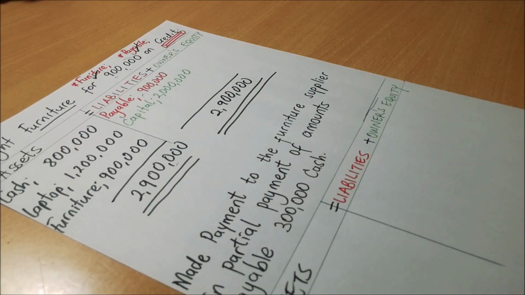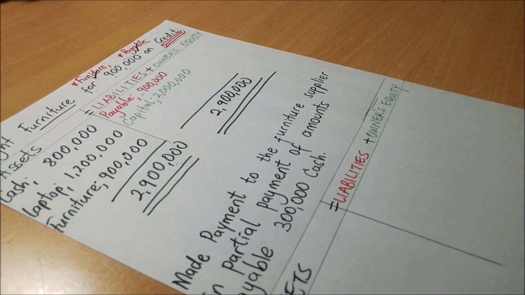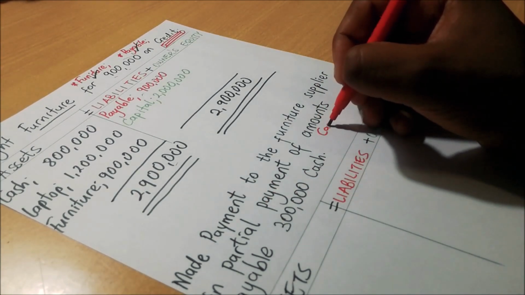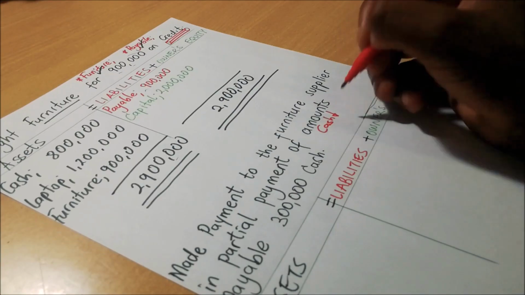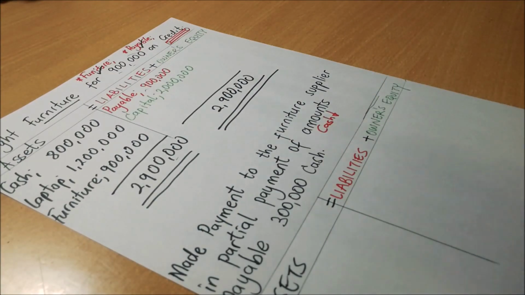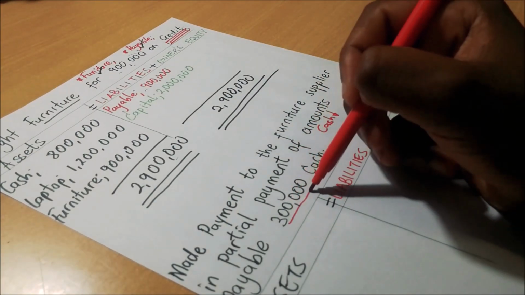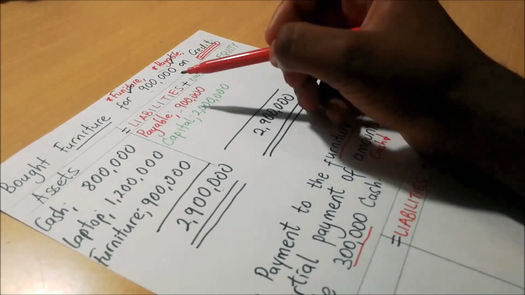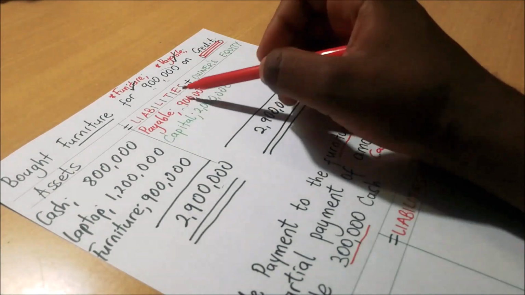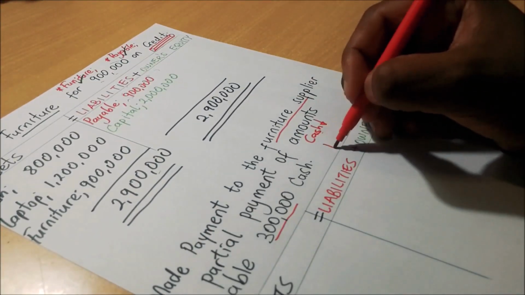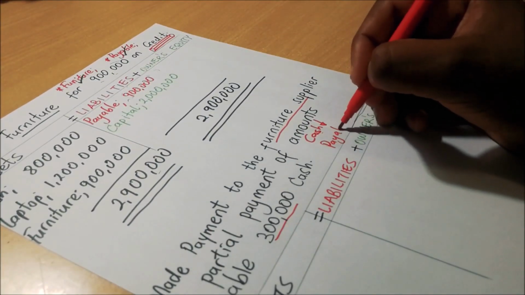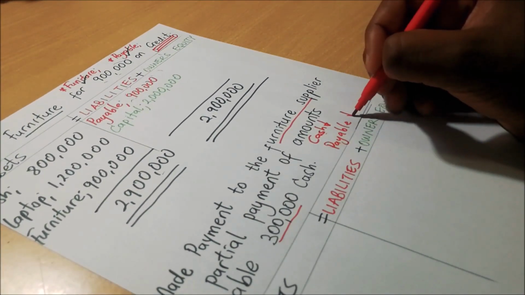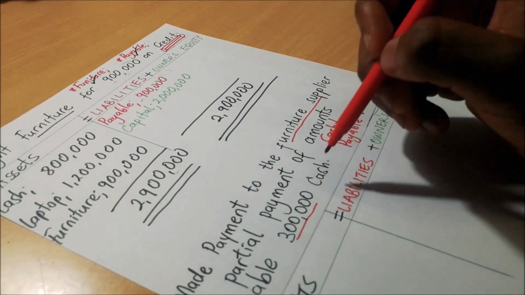So what are the two items that are affected in this transaction? Of course, when we pay using cash, it means cash is going to reduce. And when we pay this 300,000 to this furniture supplier, it means that our payable is going to reduce.